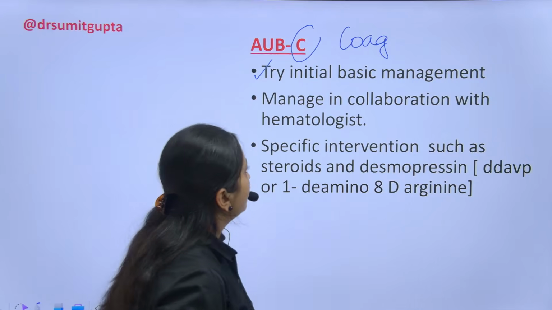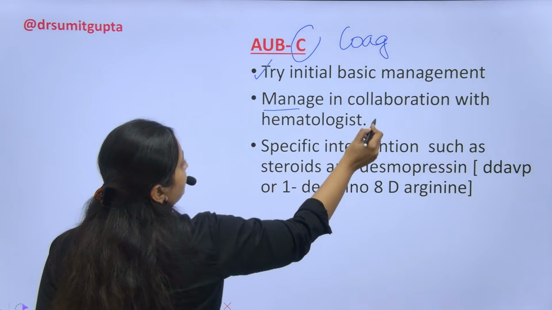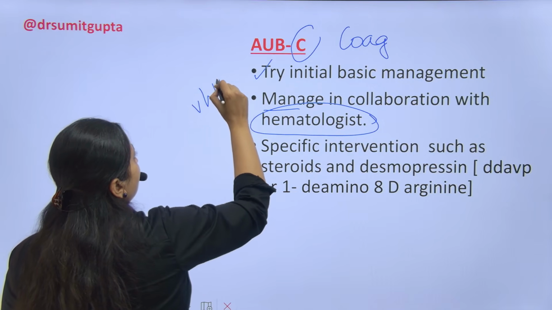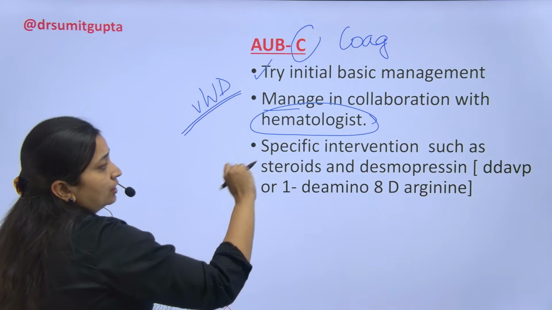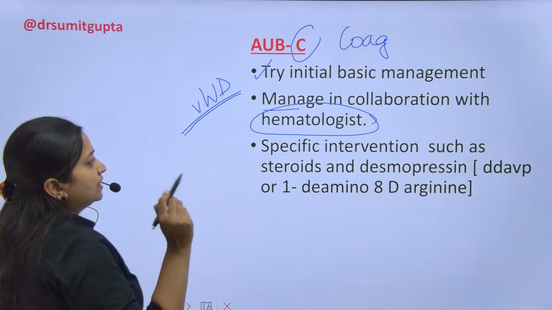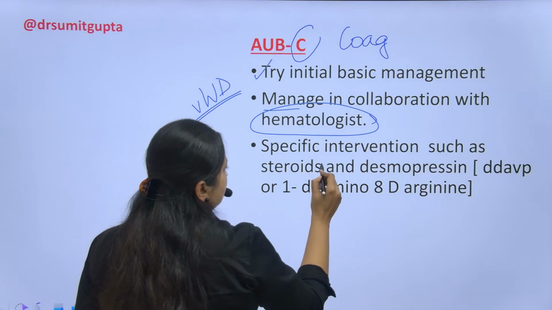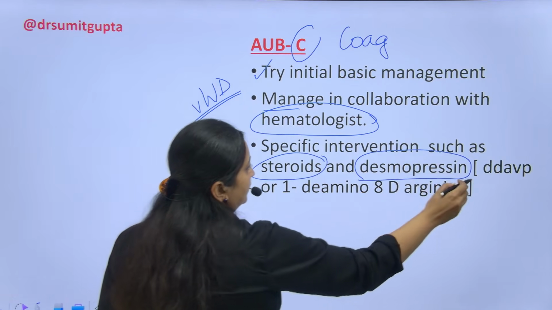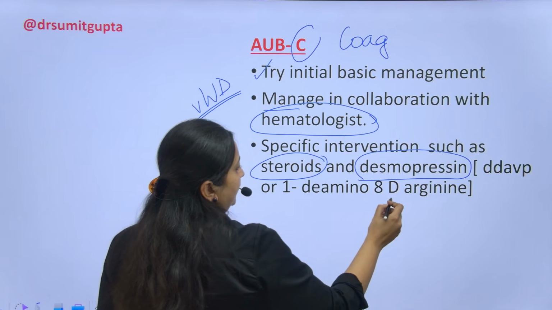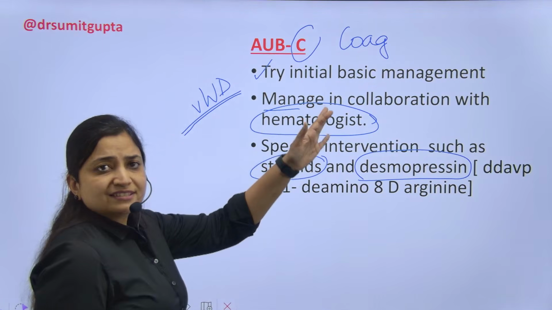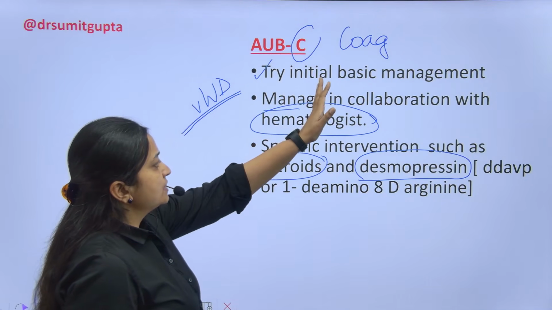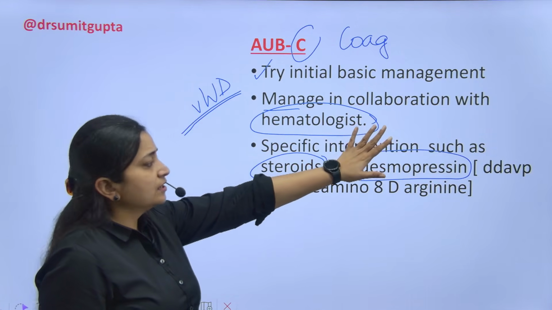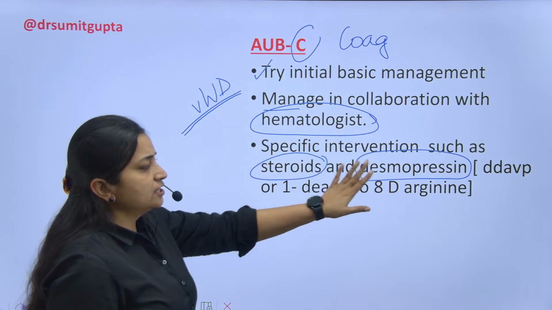If not, then manage in collaboration with a hematologist, because if the patient is suffering from von Willebrand disease, we need to involve a hematologist. Then we give her specific interventions such as either steroids or desmopressin, which is DDAVP, or 1-deamino-8-D-arginine vasopressin. So in the exam, if someone asks you the management of AUB-C: first basic management, if not working, involve a hematologist and then go for either steroids or desmopressin.